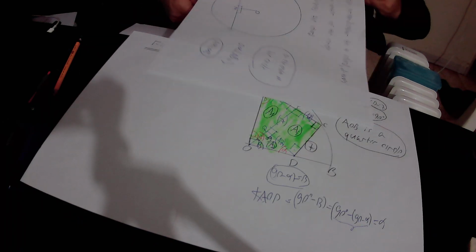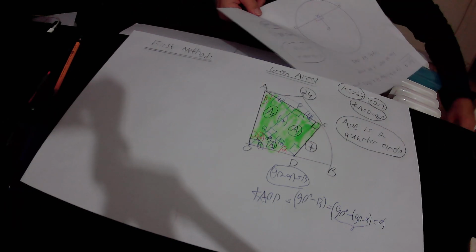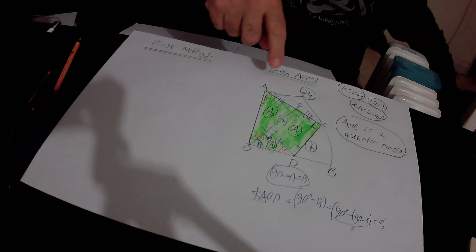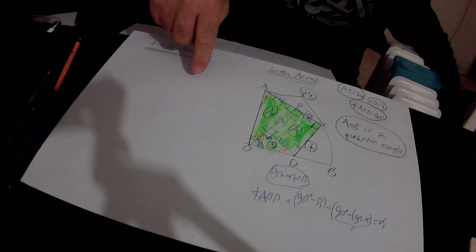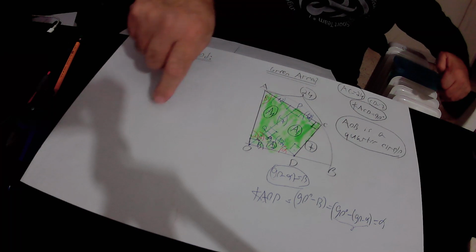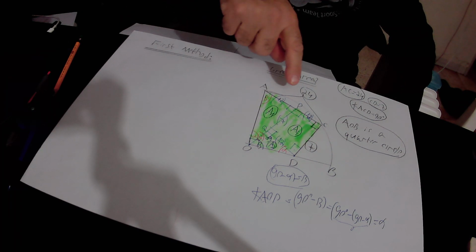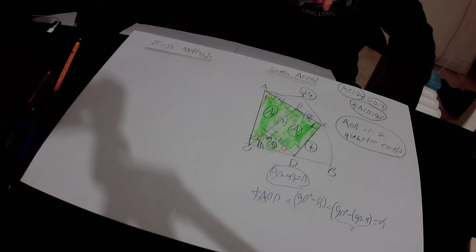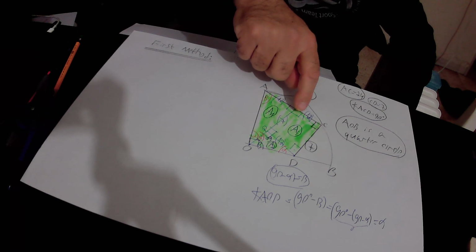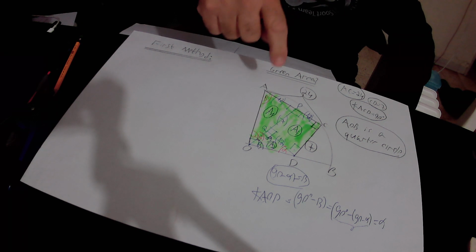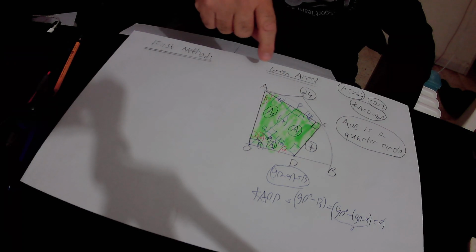We can implement rule number 11 in our drawing. Why? Because in our drawing, point O is the center of the circle that we can create by completing this quarter circle to a circle. From the center of the circle, we draw perpendicular OP. So this angle equals 90 degrees and this angle equals 90 degrees according to our construction. And according to rule number 11, the perpendicular OP also bisects chord AC.